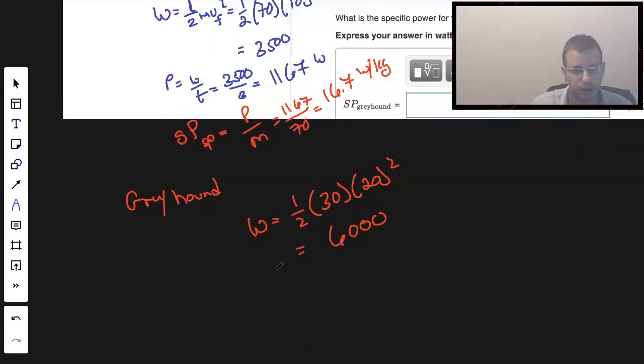Then we're going to do power equals work divided by time. Time is 3 seconds, so it's 6,000 divided by 3, which is 2,000.